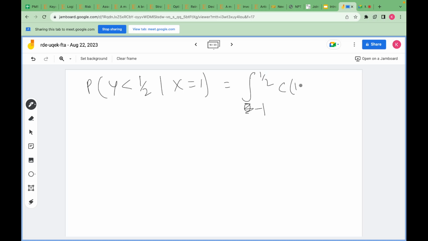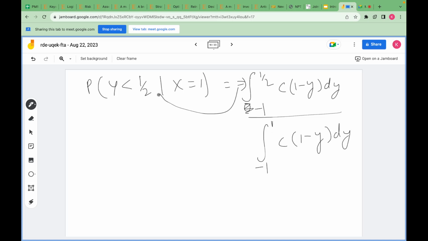Okay, this will be 1 minus y dy, and the denominator range will be from minus 1 to 1, because we have only one condition, which is x equal to 1. But here we have two conditions, that y is less than 1 by 2 and x should be equal to 1, and for this we have only one condition, that x equal to 1. Okay, I hope things are clear.